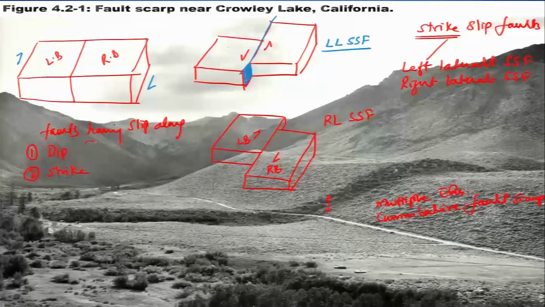Now, we can have a combination of these two, and if you are having a combination of these two, the movement which takes place along the strike as well as along the dip, then we say that is an oblique slip fault. So, I will try to sketch this if possible. Let me check. Okay. So, if you are having a combination of both, then how you can look at this one.